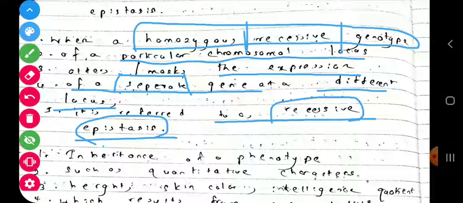So a separate gene at a different locus, it is referred to as recessive epistasis. So once again, when a homozygous recessive genotype of a particular chromosomal locus alters the expression of a separate gene at a different locus, it is referred to as recessive epistasis. So I will show you some diagrams to understand this better.